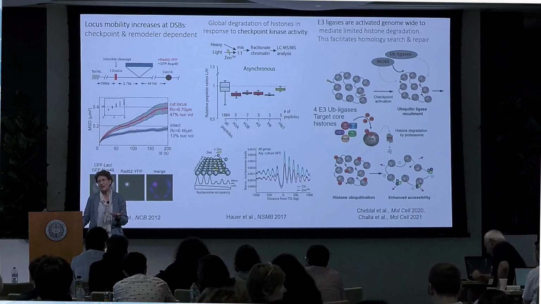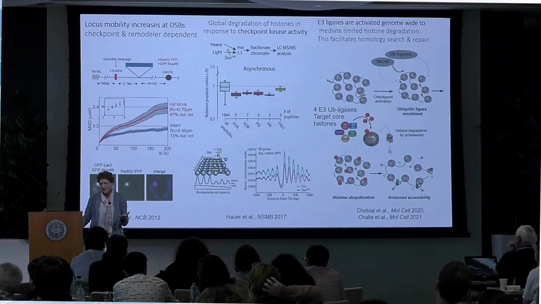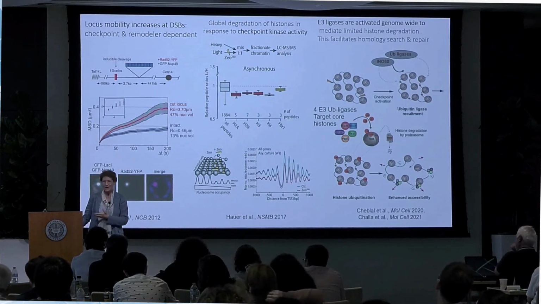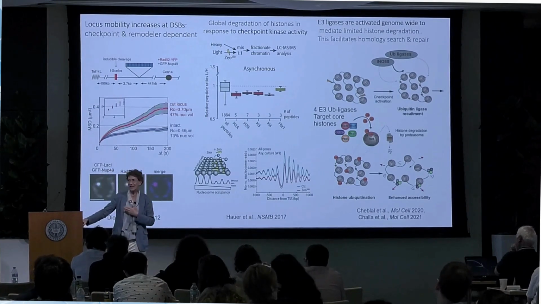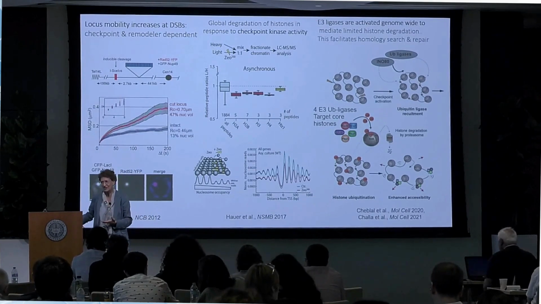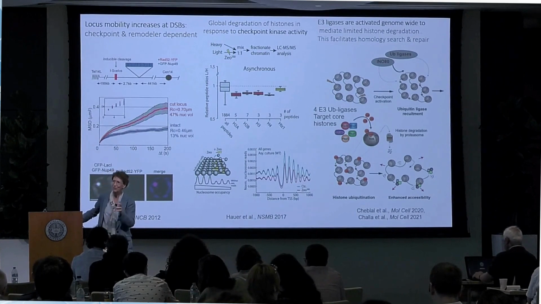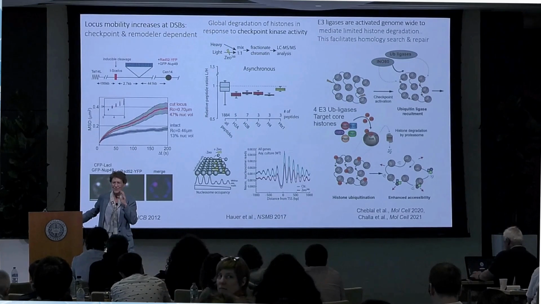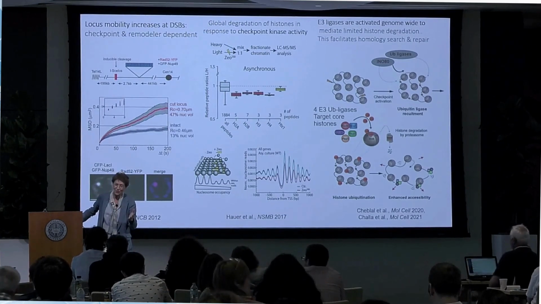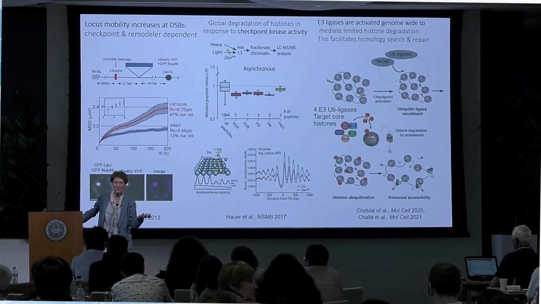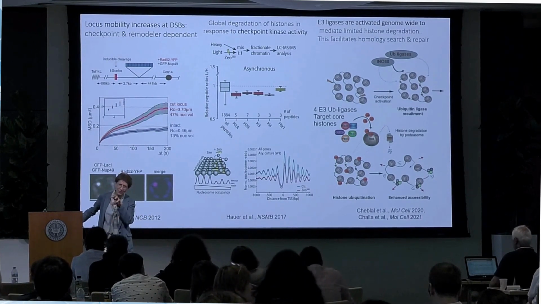On the other hand, we also know that every single repair pathway we know uses ubiquitin ligases like crazy, and nobody knows what they do, basically. I mean, a few mediate protein-protein interaction. But my guess is we've ignored maybe some of the transient degradation of histones, or maybe certain modified histones.